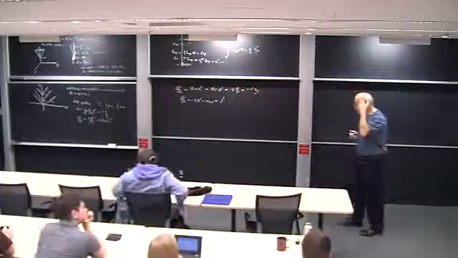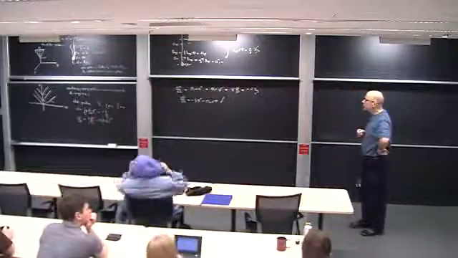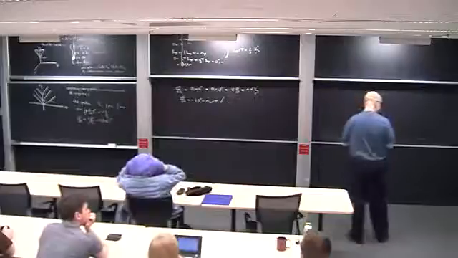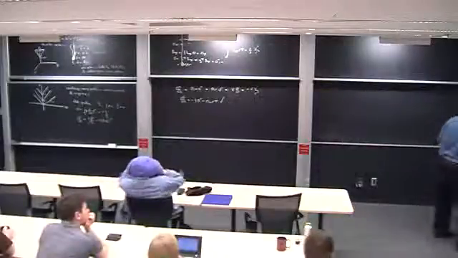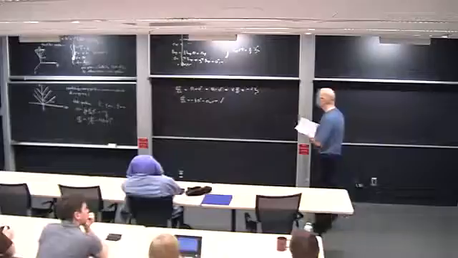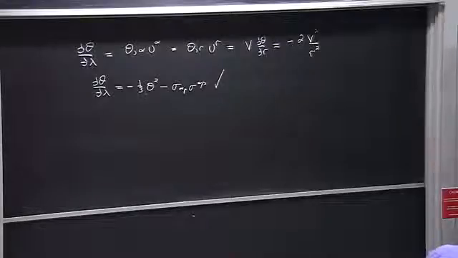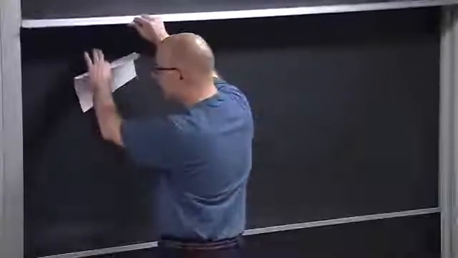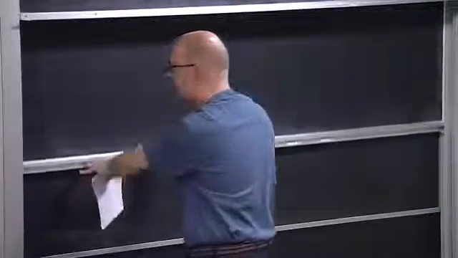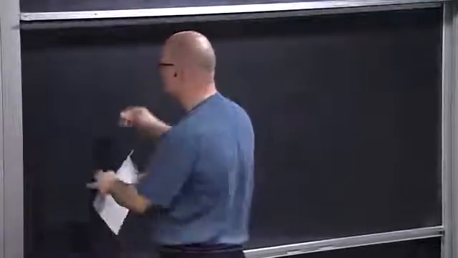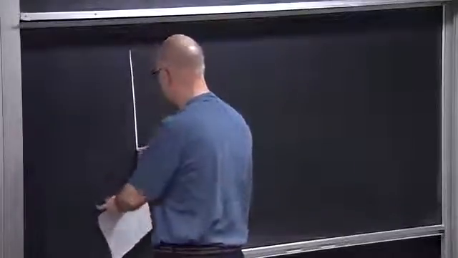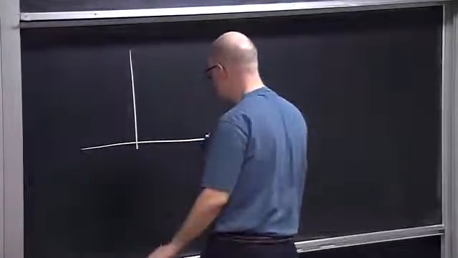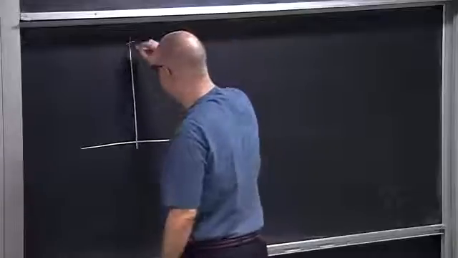Okay, so let me come back to those hypersurfaces, and then I'll think about taking the null limit. I'll just redraw the diagram that I had on the other side. That's the x direction, that's the t direction.